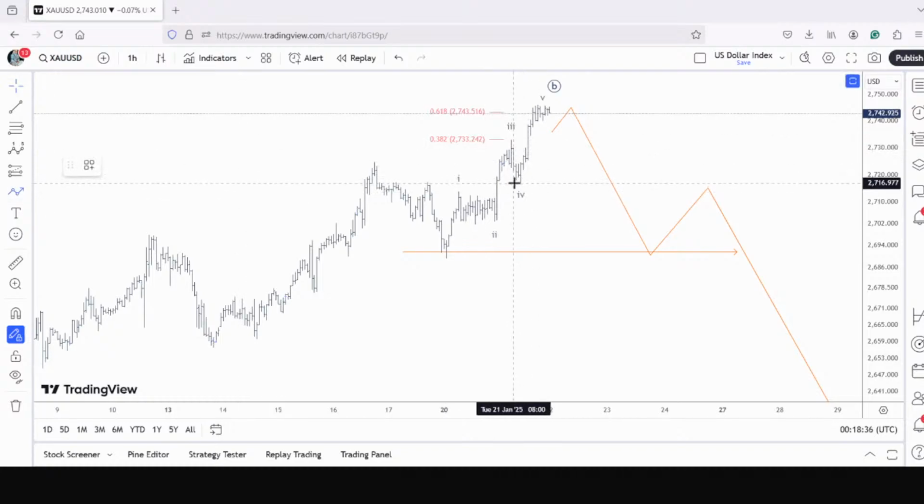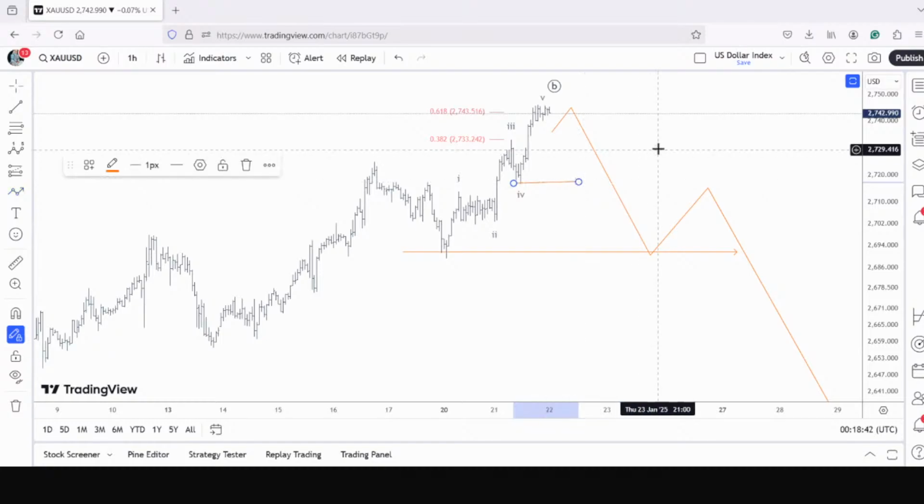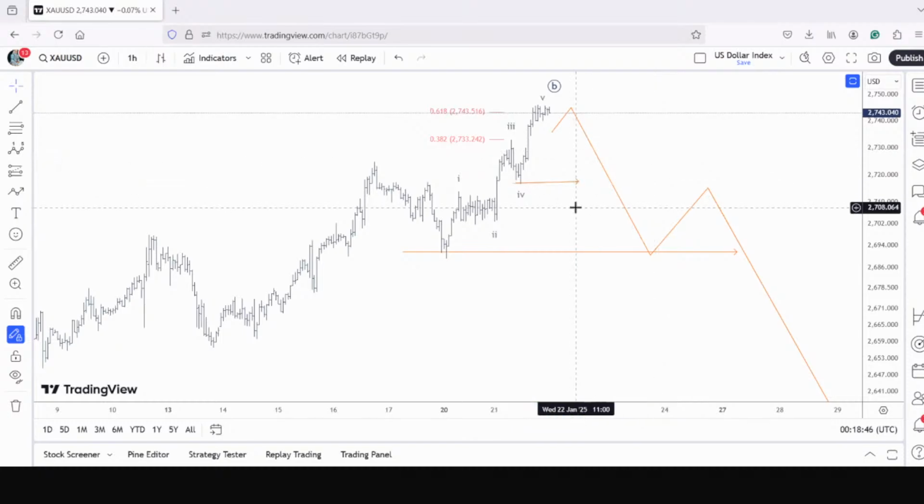So we've got to keep an eye on 2718. All right, because for the first shout out, let's put it a human touch, the first initial shout out is going to be at 2718. So keep an eye on that. Once we see a break below 2718, we can resume playing the selling on rallies game again.